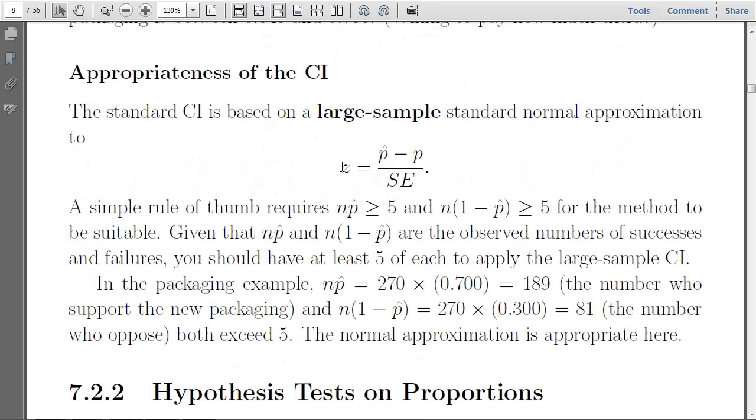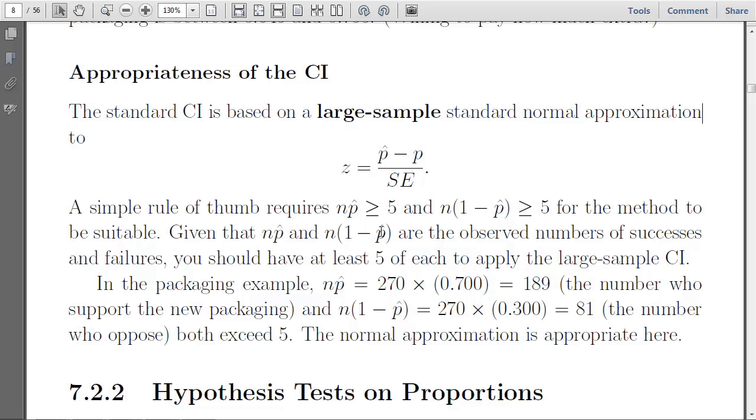So how do we know we can use this sort of equation? Note if you solve this equation for p hat, you basically get a confidence interval. So the rule of thumb here is that if you have n times p hat greater than 5 and n times (1 minus p hat), that's the probability of failure, greater than 5, then the normal approximation should not have very much error relative to the exact distribution.